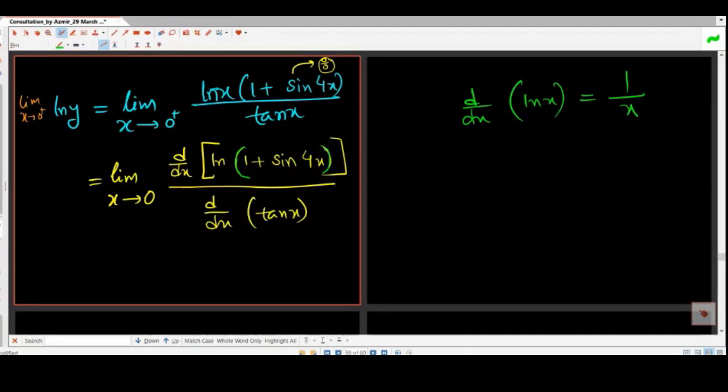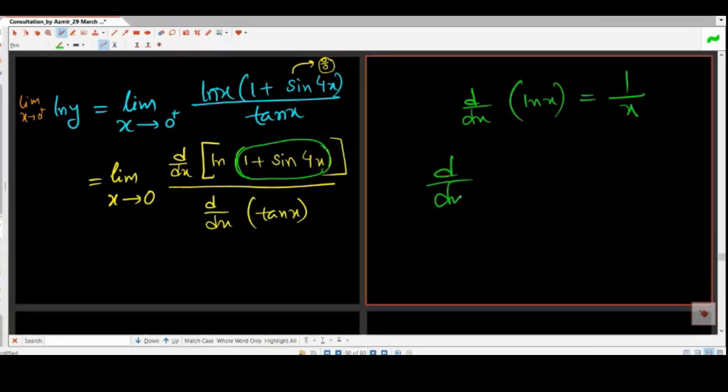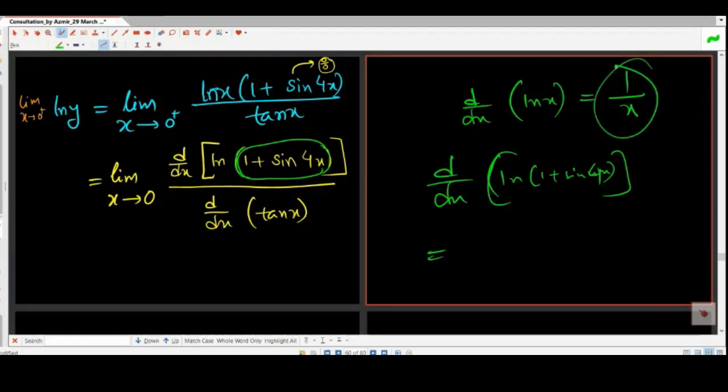So that means we can consider this inner part as x. So differentiation of natural log of 1 plus sine 4x will be just like this.